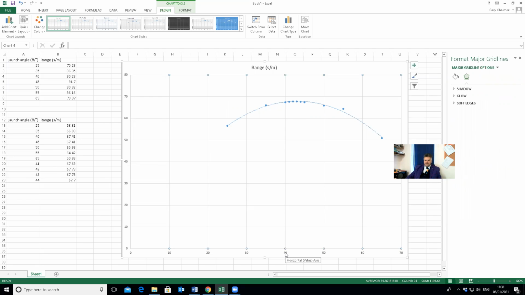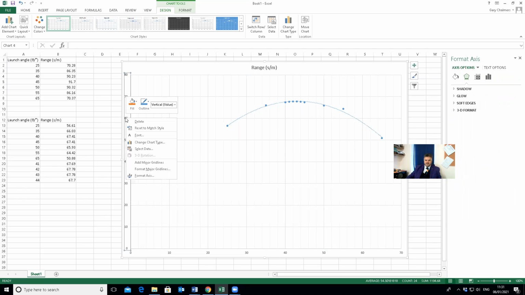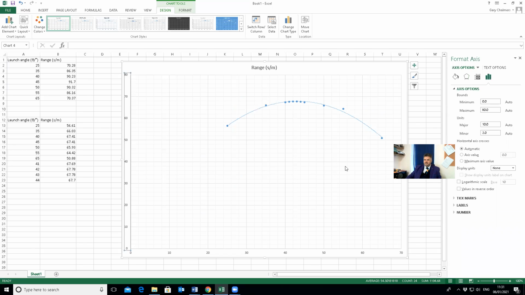So you can right click on your axis and you can add the minor grid lines to start off with. And you've now got some minor grid lines in here, makes it easier to take readings. And here we've got lots of wasted graph paper space. So what I want to do really is just change my axes so that my minimum on my y-axis, well, I've not got anything below about 50, and I've not got anything above 70.